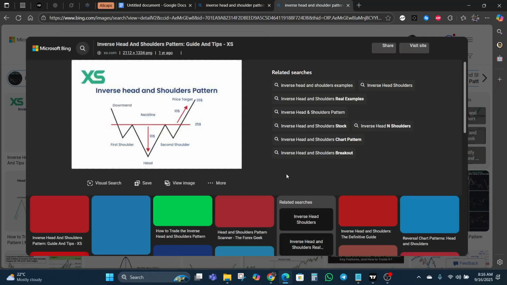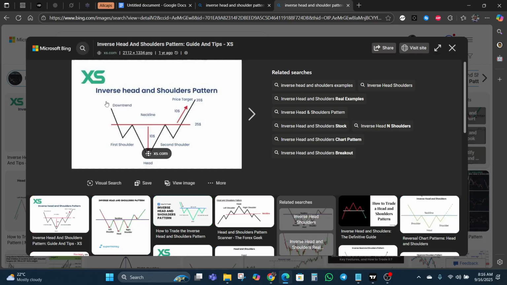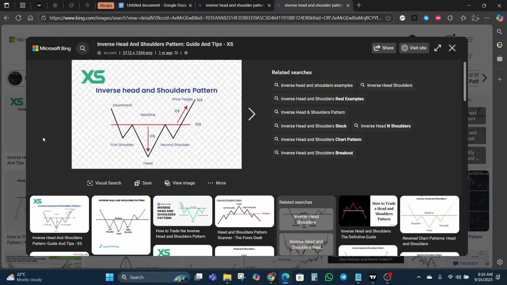Now, picture a chart where the market has been moving down. There has to be a downtrend. The downtrend is the first step. So the market has been moving down, and then suddenly price action forms three distinct troughs or lows. That is the first shoulder, the head, and the second shoulder.